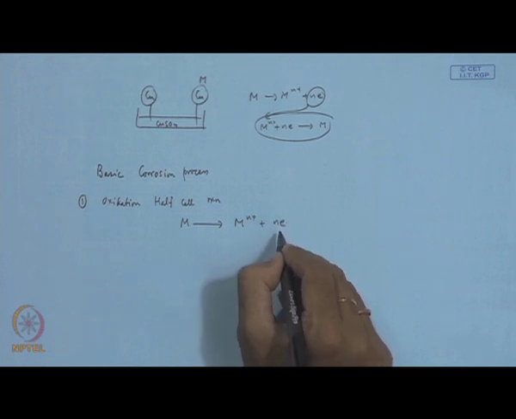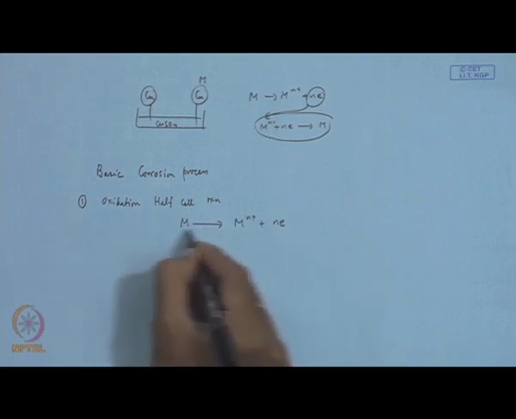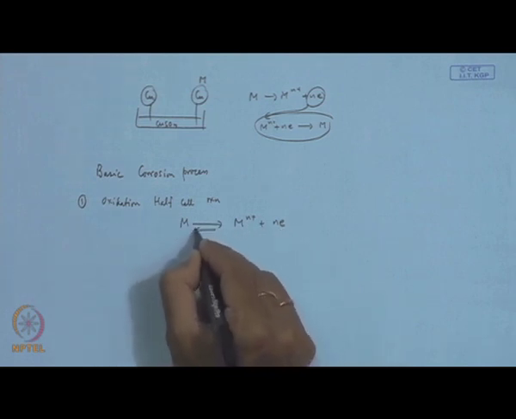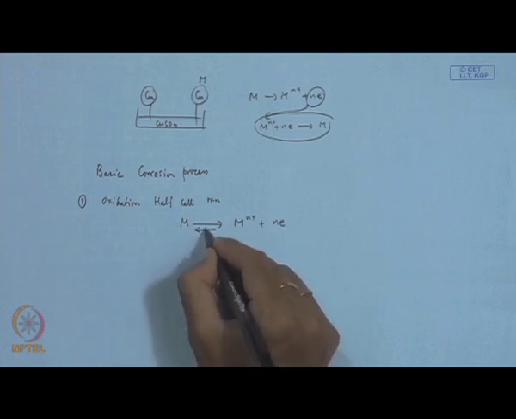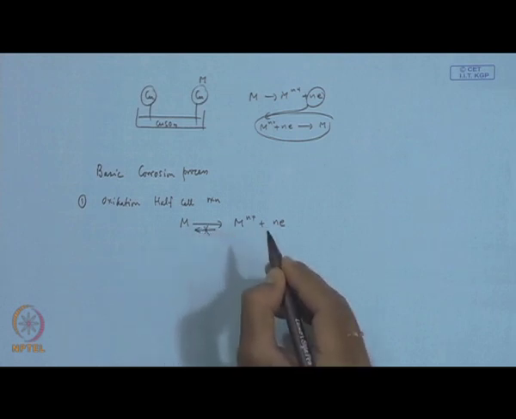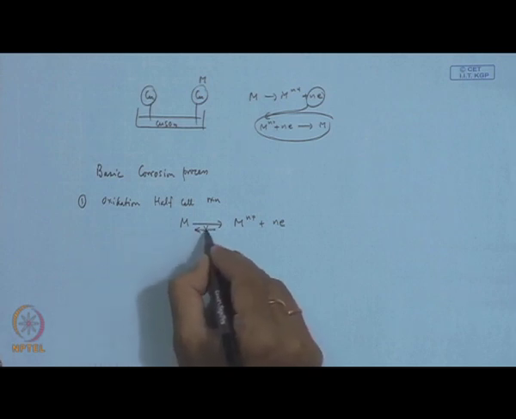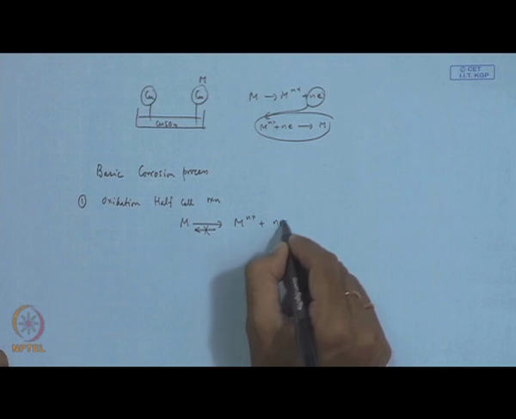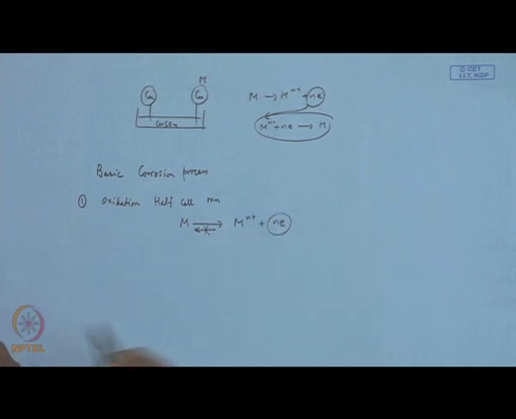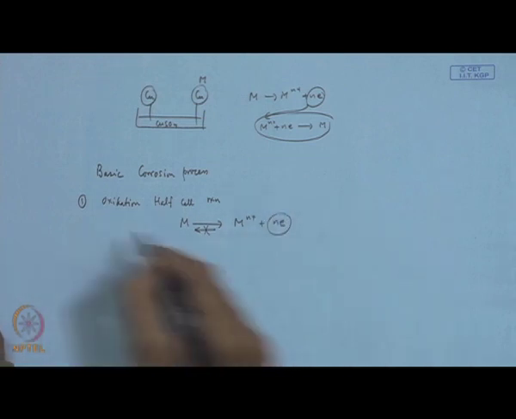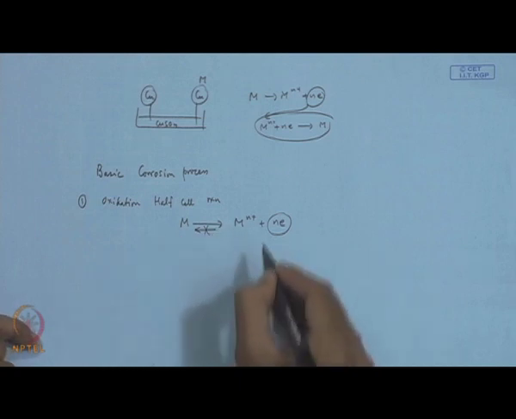If there is no current flowing, at equilibrium it will go back over here to get back your metal. But suppose this is stopped, or this is further used up in other modes, then this equilibrium is shifted towards the right.